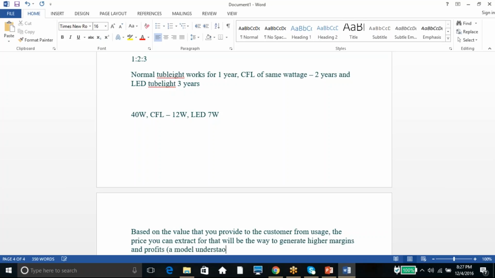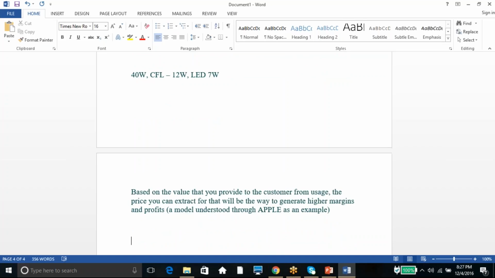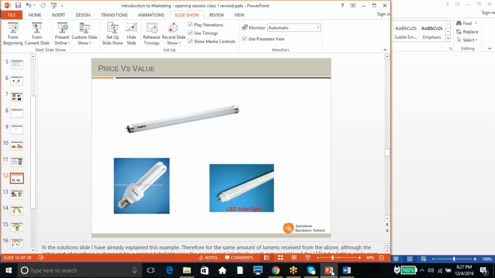Model understood. Clear on this? Any questions, any doubts? So this was 4Ps and the SAVE model.